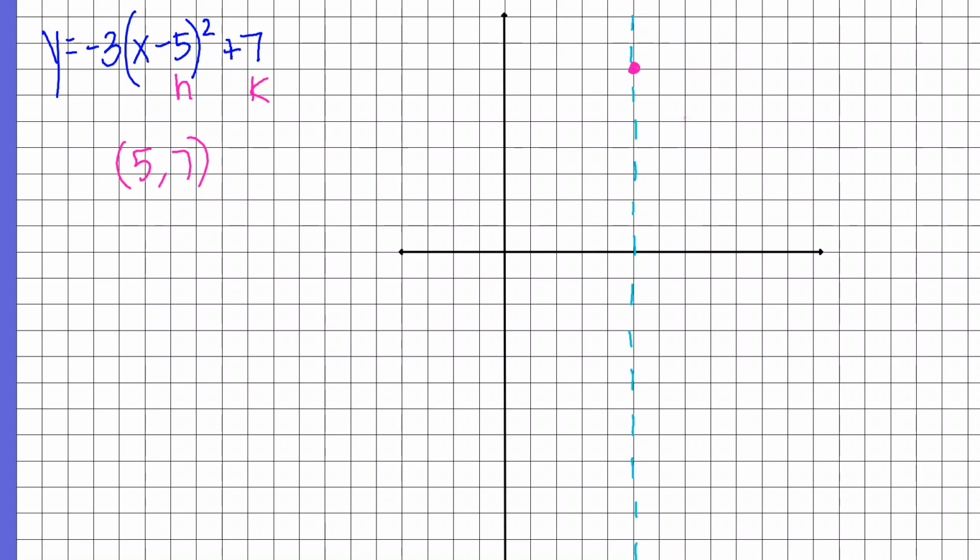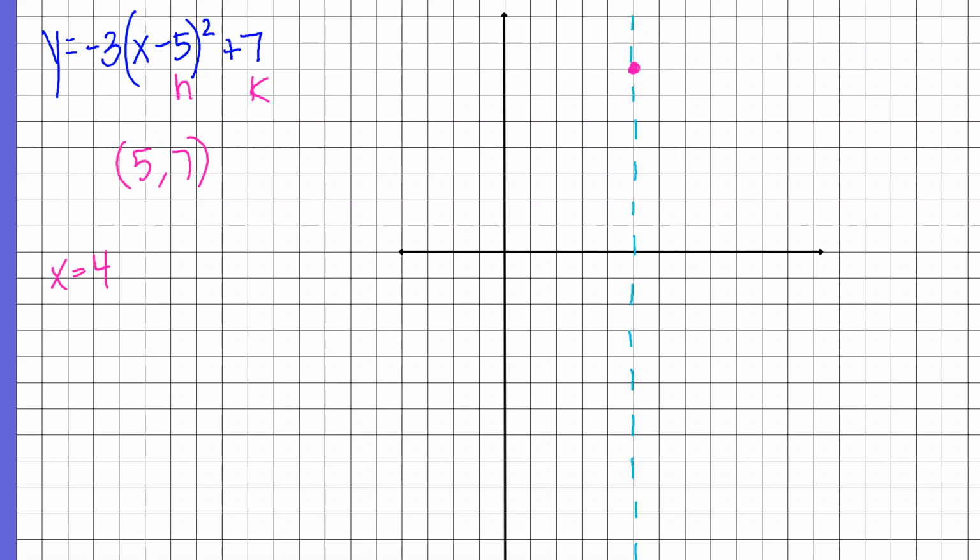In this case, I like to plug in the smaller values as opposed to the larger values. So you always want to choose some points that are around your axis of symmetry, but always try to pick the easier one and then just reflect it to the other side. So I'm going to plug in 4 and 3 into my equation and see what happens.